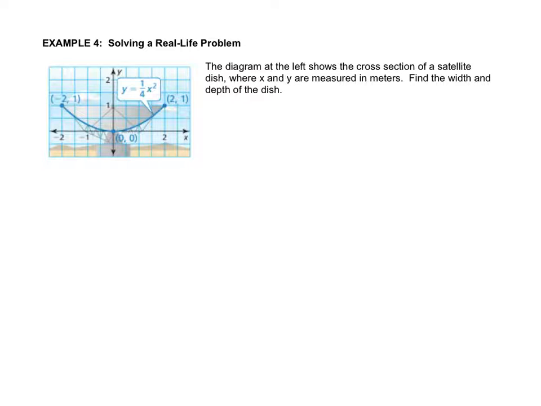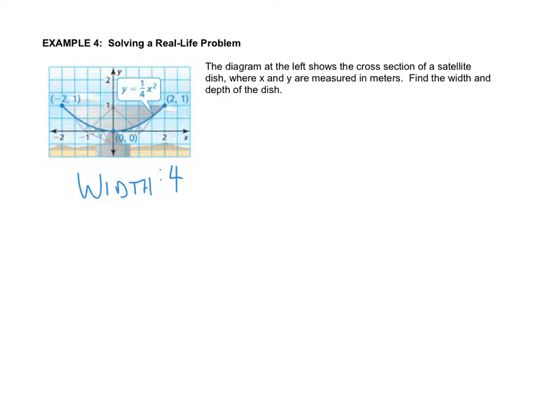So the width is the easy one. If I look at the width and I use the graph paper, the width is from here all the way across to here. If I start over here, where x is -2, I would travel 2 to the 0, 2 out to the other side. So that one's pretty simple.